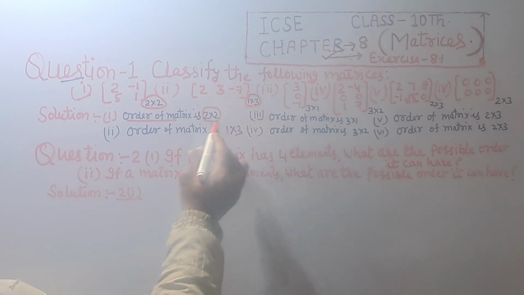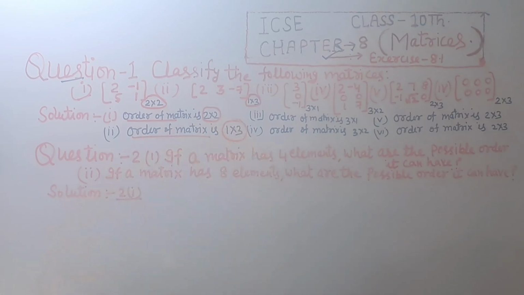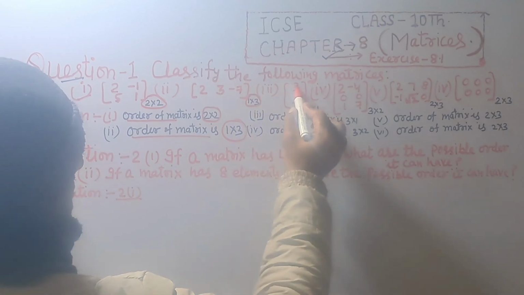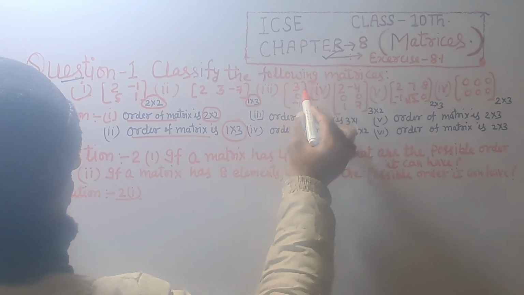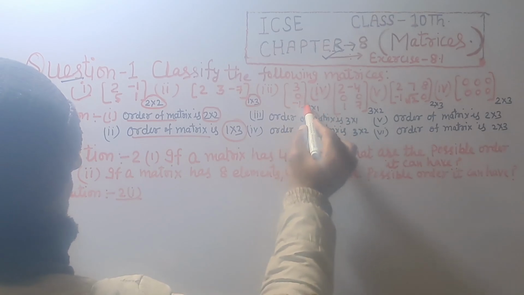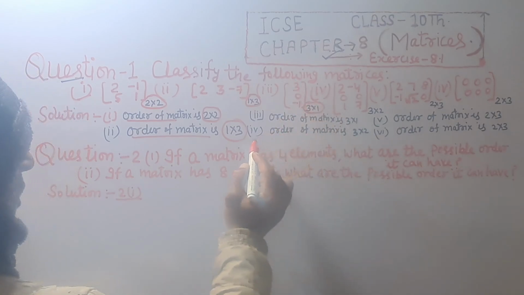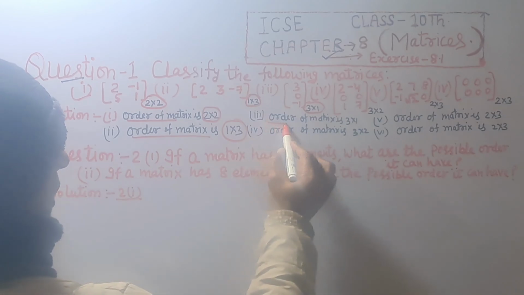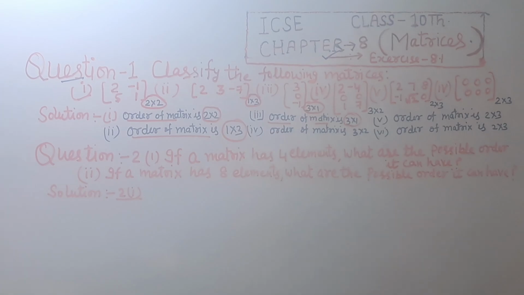Order of matrix is 1 cross 3. And third question, 3, 0, minus 1. In column direction, first row, second row, third row. 3 rows and 1 column. That is 3 cross 1. So order of matrix is 3 cross 1.